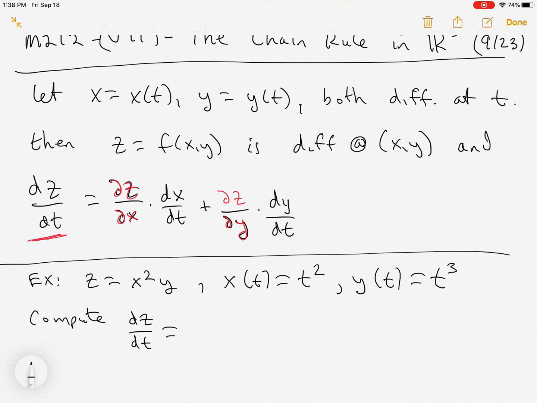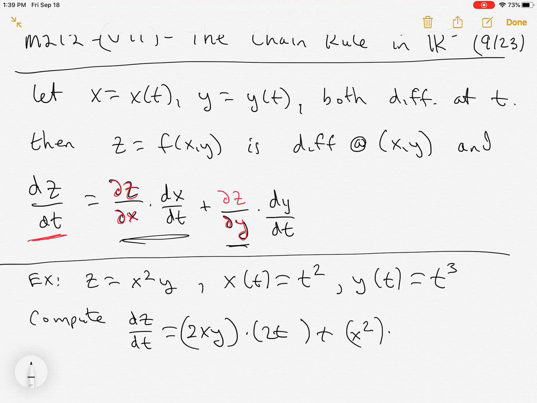I'm just going to use this equation up here. dz dx is 2xy times dx dt, which is 2t, plus dz dy, which is x squared, times dy dt, which is 3t squared.